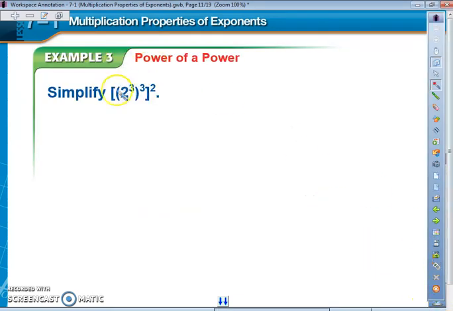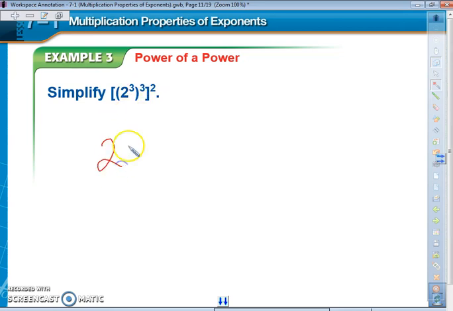Let's do an example. Holy smokes, look at this thing. 2 to the third raised to the third power raised to the second power. Oh my goodness. So I could go 2 to the third is 8, and then I could raise 8 to the third power and then 2 to the second power. Or I could go 3 times 3 times 2.